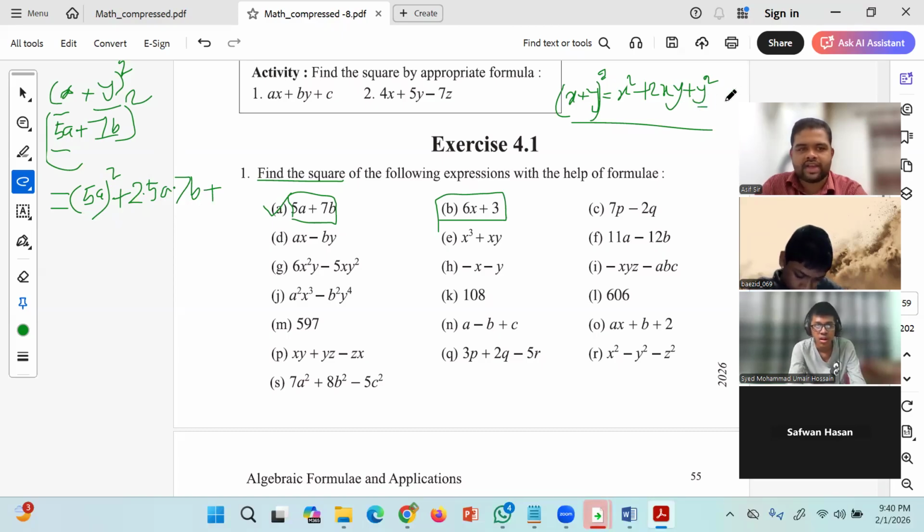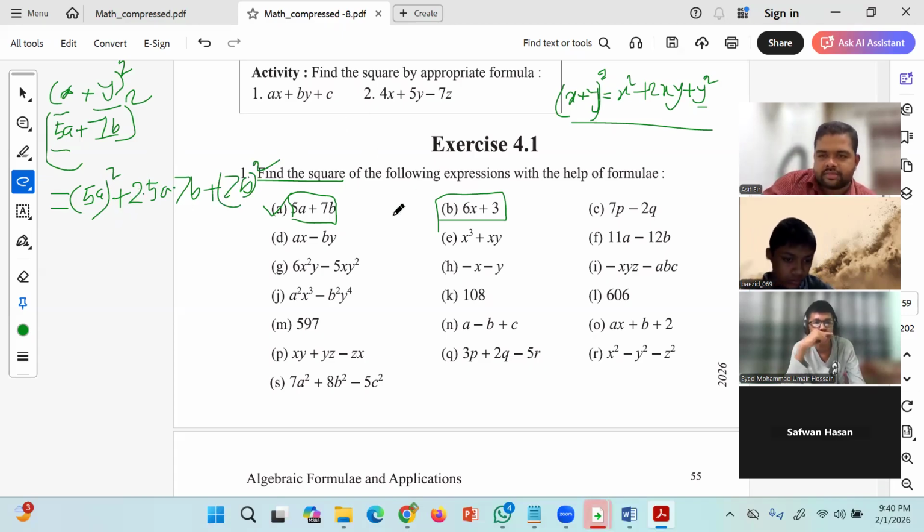And at last, y squared. What is y? 7b is the y. So y squared means (7b) whole squared. Have you understood? I have used this formula just considering 5a as x and 7b as y. Nothing else. We have replaced x with 5a, replaced y with 7b. As simple as that.